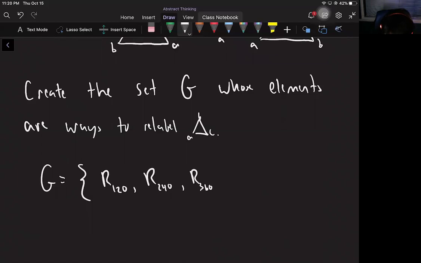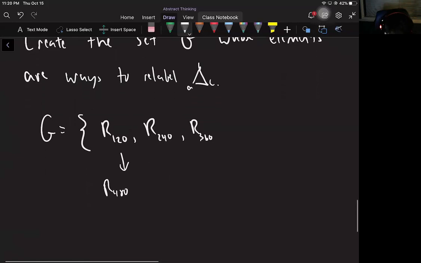That would just be the same as doing this. It wouldn't actually create a new labeling. So that's not going to be an element of the set. Similarly, this guy, you can also think about as rotating not at all, 0 degrees, and that would be the same. So you could use either guy to represent that, but I'll use R360.